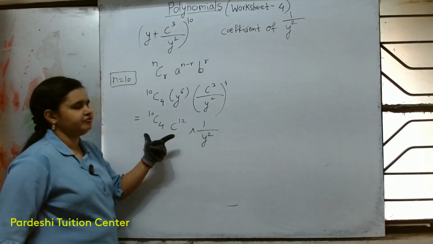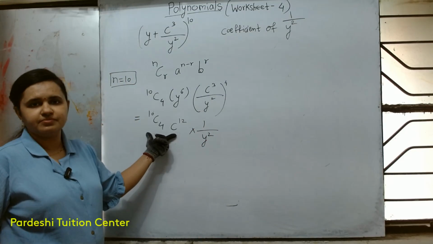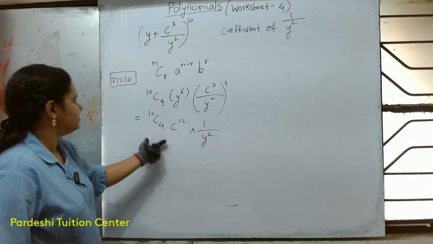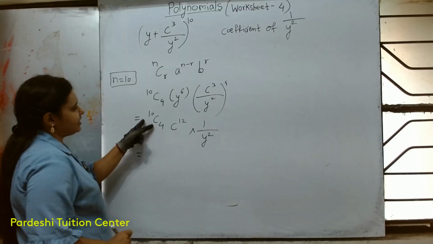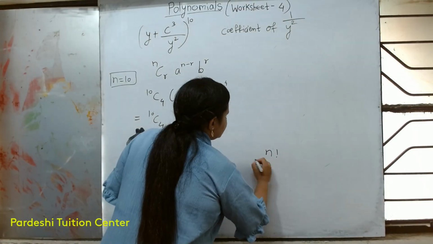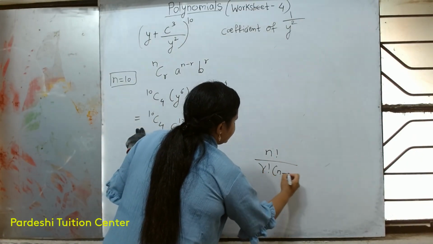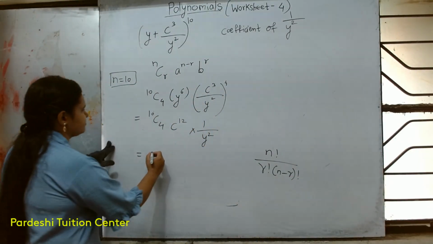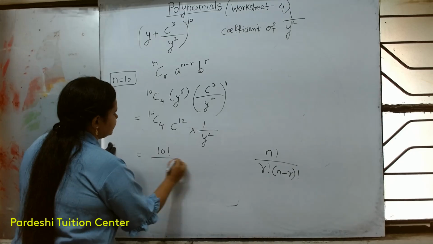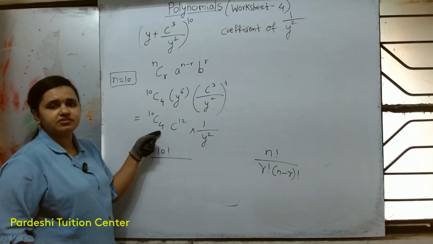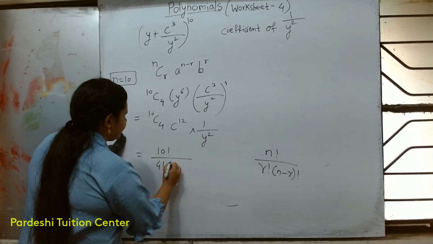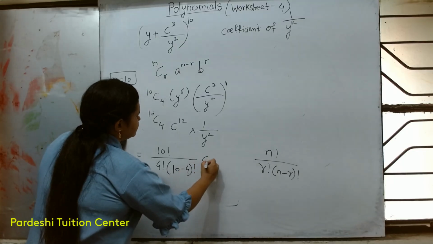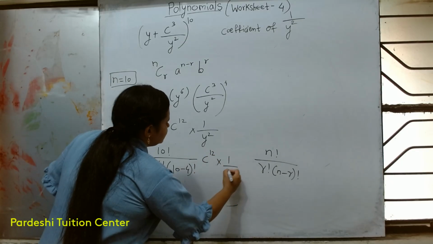So this is the coefficient of 1 upon y square, and we have to find the coefficient of 1 upon y square. So by solving this we can find, again by that formula, n factorial upon r factorial into n minus r factorial. So here n is 10 factorial upon r is 4, so r factorial, and again n minus r, that is 10 minus 4 factorial, c12 into 1 upon y square.